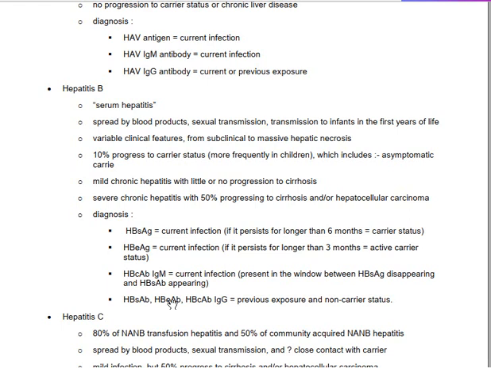Is it clear? So when you see the hepatitis B surface immunoglobulins and the core immunoglobulins, it just tells you that this is a previous infection. So when the patient has all of this in his blood, it means that the patient had hepatitis before and is completely treated.